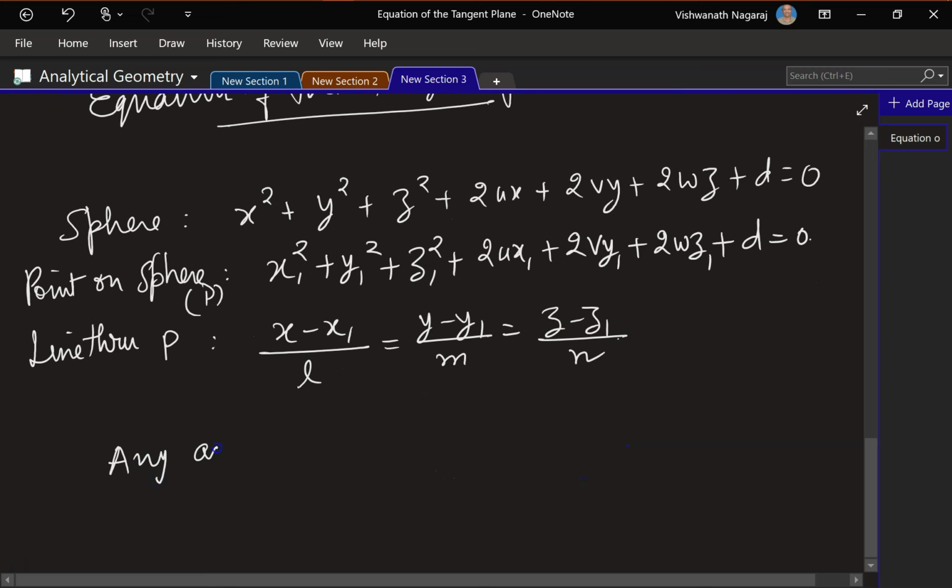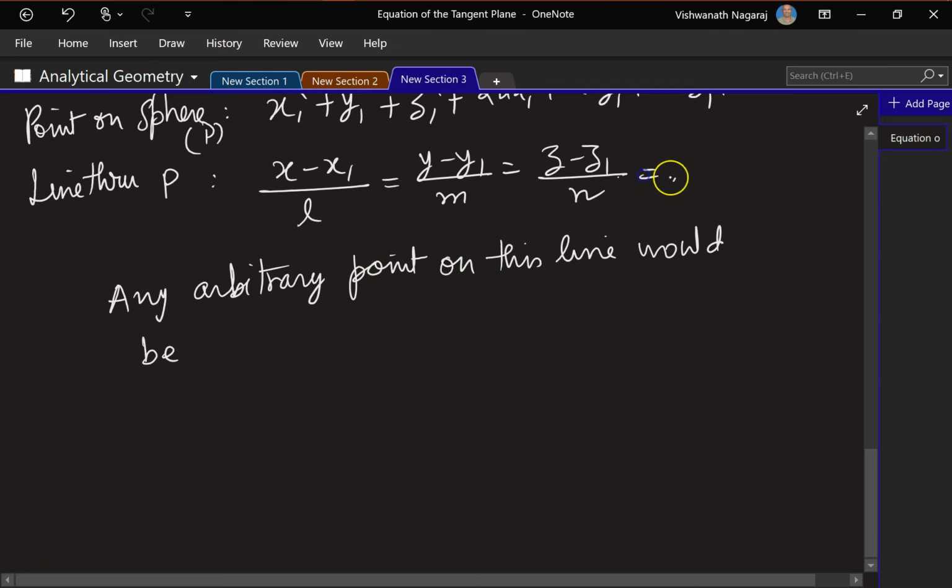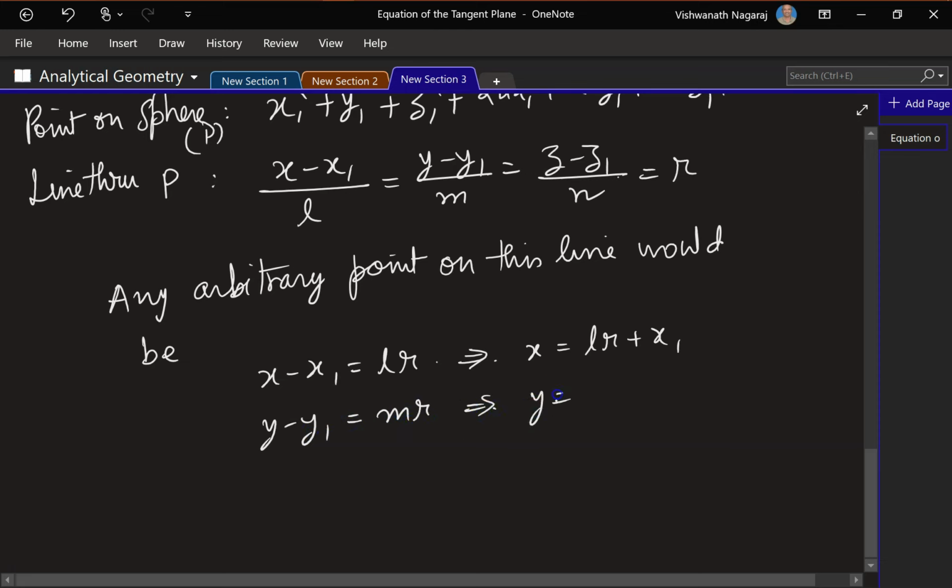Any arbitrary point on this line would be equal to R, let's say. So x minus x1 equal to LR, x equals LR plus x1; y minus y1 equal to MR, which implies y equals MR plus y1; z minus z1 equal to NR, which implies z equals NR plus z1.